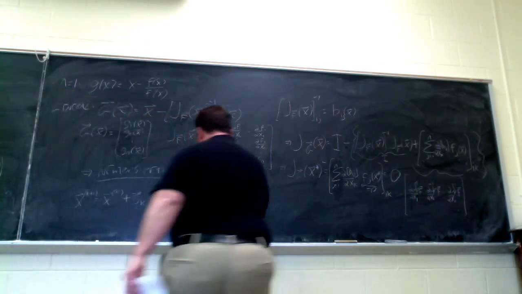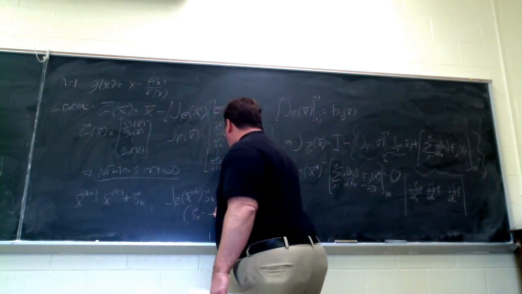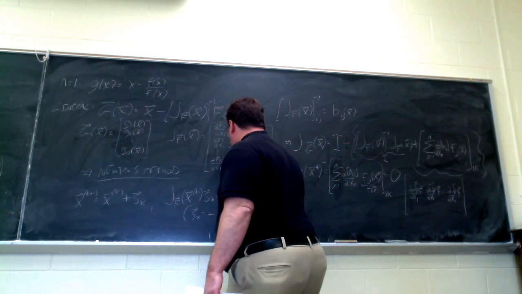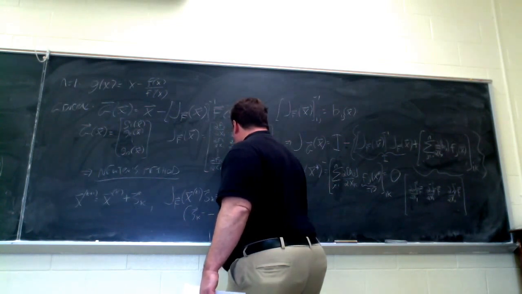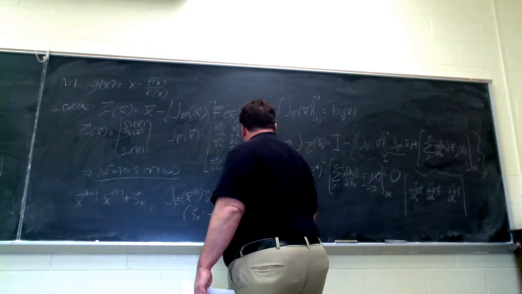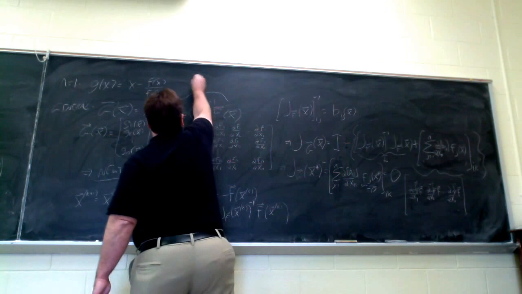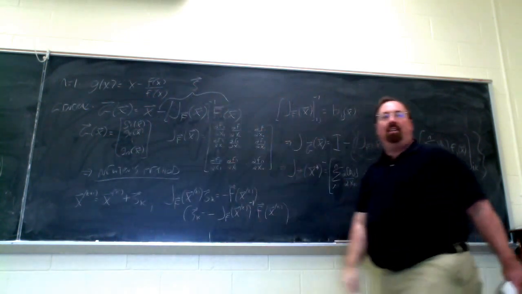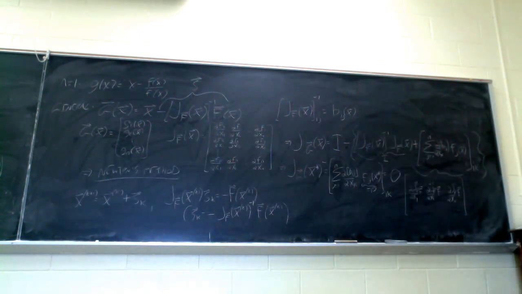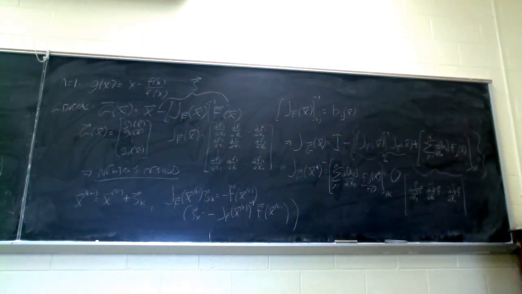Put another way, sk is minus the Jacobian of f of xk inverse times f of xk. But I'm writing it this way to reinforce the notion that we don't explicitly compute the inverse.